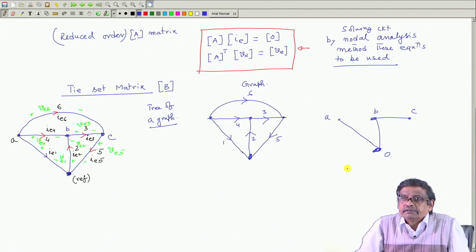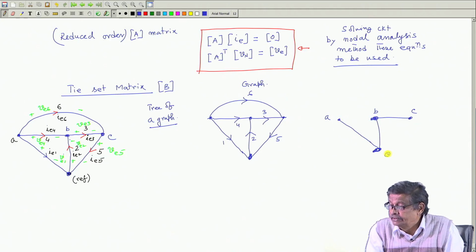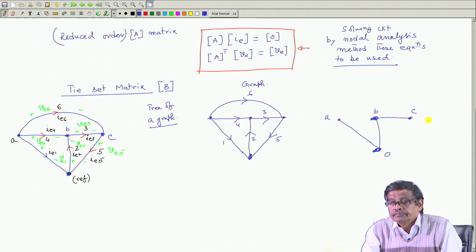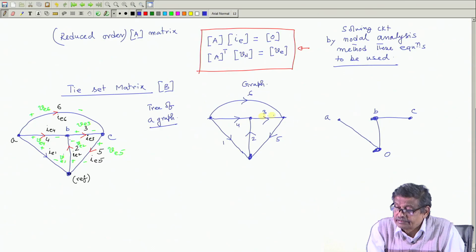That is it. For example, this I can call tree of the network, because all the nodes I have shown, something is connected to each of the nodes and no loop has been formed like this.